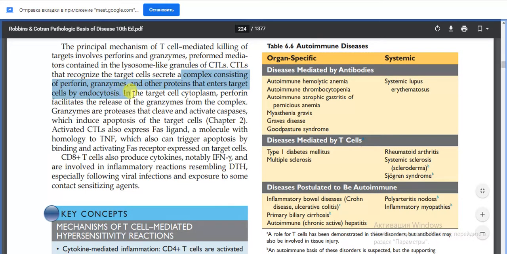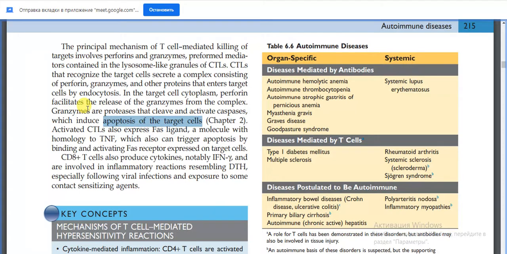In the target cell's cytoplasm, perforin facilitates the release of granzymes from the complex. Granzymes are proteases that cleave and activate caspases, which induce apoptosis in the target cells. You remember in chapter number 2 we discussed how immunity causes apoptosis. So granzymes directly cause activation of caspases, without the extrinsic pathway of apoptosis, if you remember.